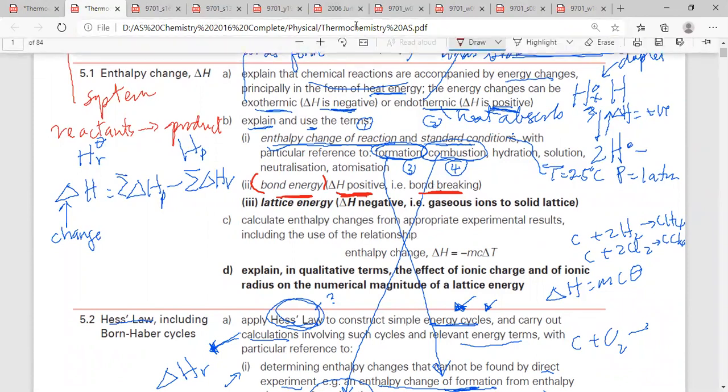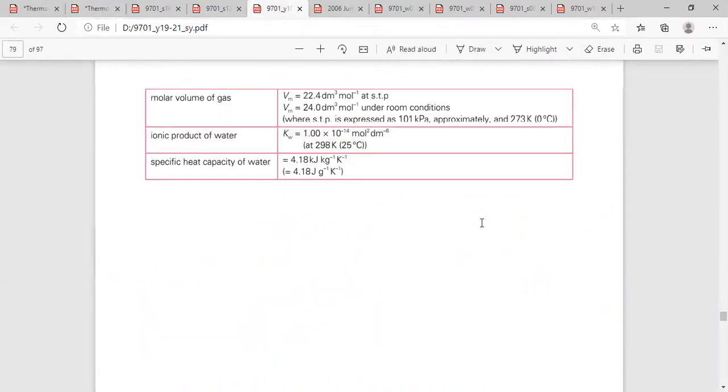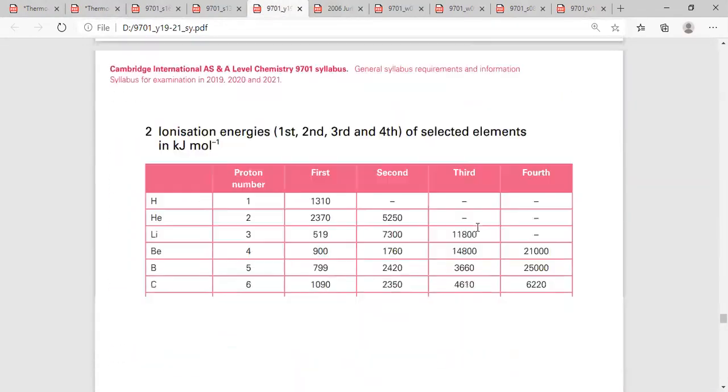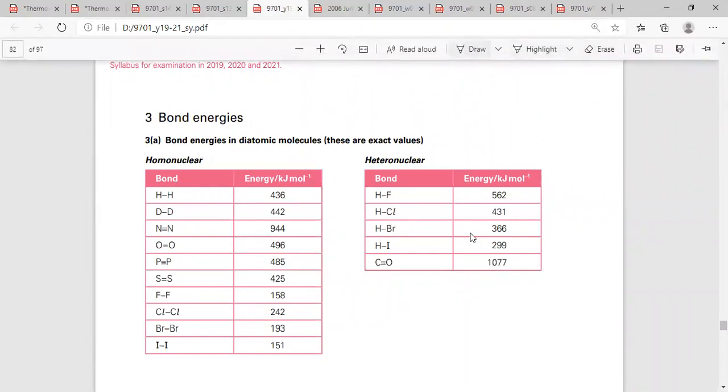That's why if we refer to all your data in here, I think I told you this before, but I'm going to tell it again. All the data here, see bond energy, all is positive.